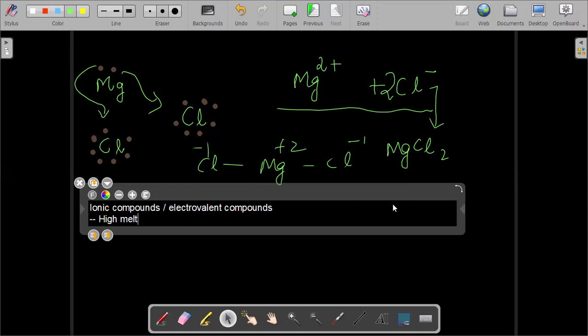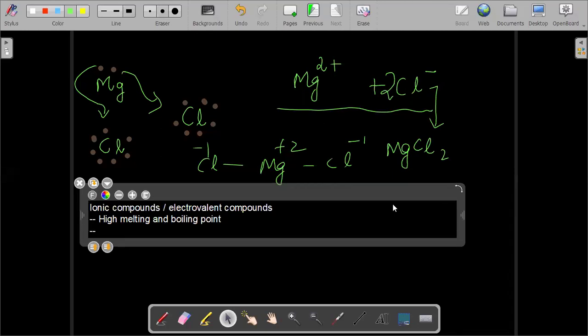Any other property? What about their electrical conductivity? They don't conduct electricity in solid form, but they conduct electricity in molten form.